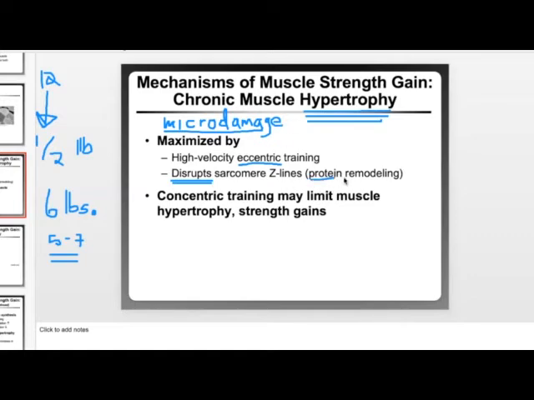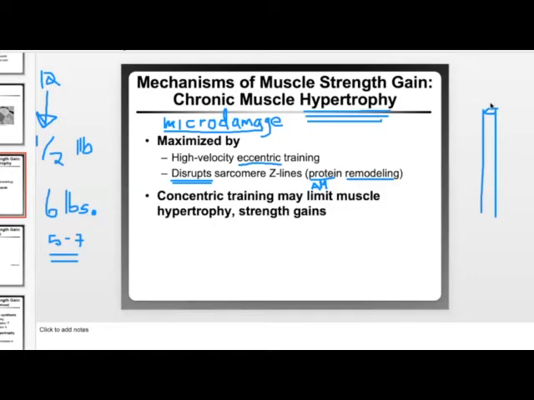So it's going to do protein remodeling. Protein is actin and myosin, and remodeling is growth. Like if I remodel my house, it starts kind of good and I like it, but after remodeling, it's even better. So these proteins, these actin and myosin filaments, are going to be remodeled.